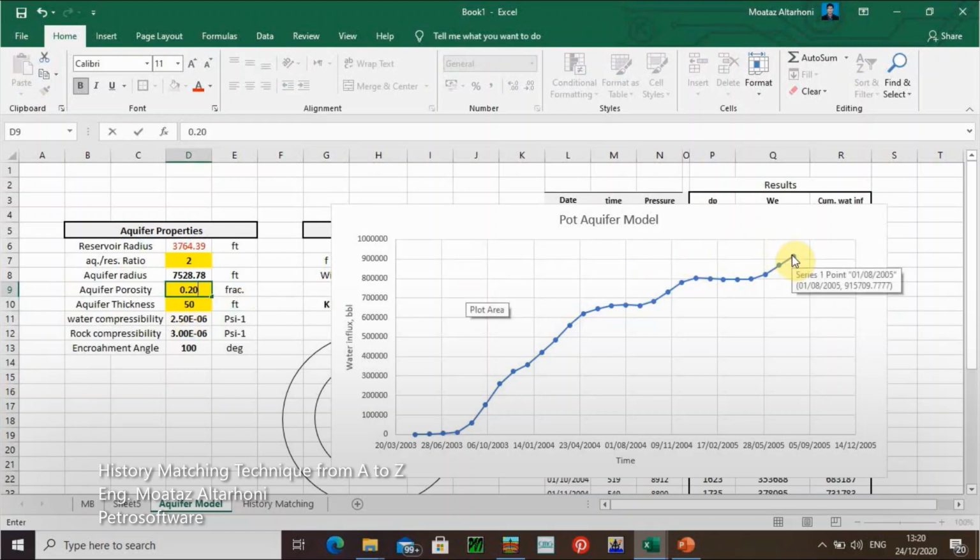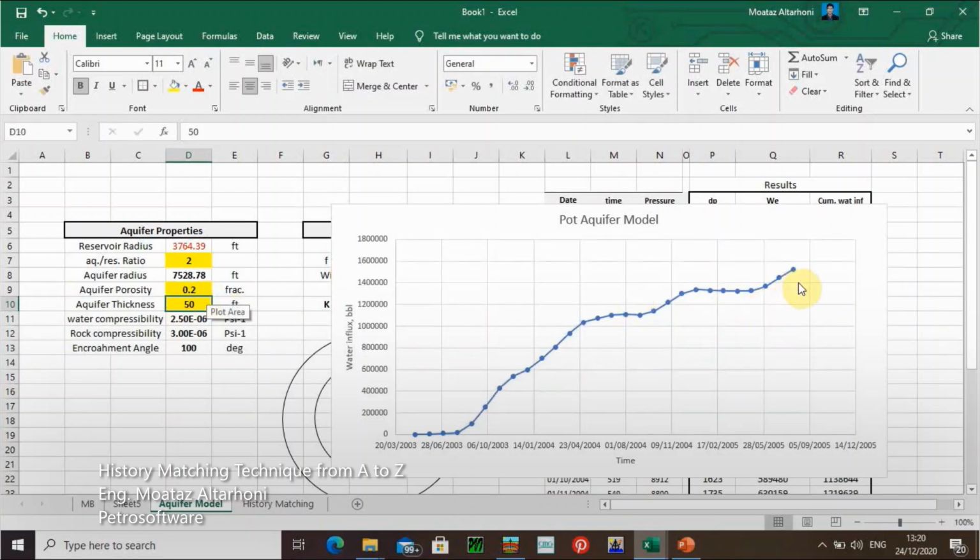The last value depends on the aquifer porosity of 0.12, about 915,000. When I increase this, I get 1.2 million.